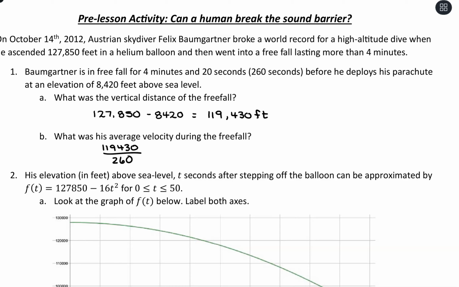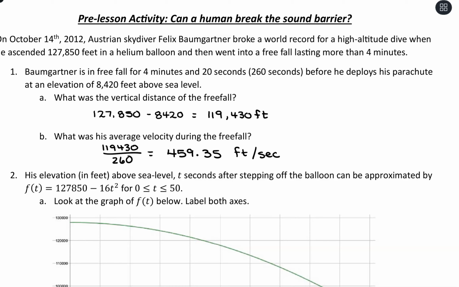So we're going to get that change in distance over change in time, and that'll give us an answer in terms of feet per second. So take that value we got, divided by 260, and that is going to be 459.35 feet per second. Ooh, that's fast.